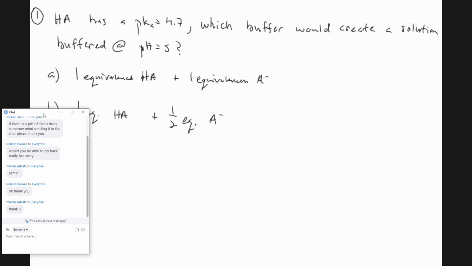C: 1 equivalence of acid to a third equivalence of strong base. And D: 1 equivalence of conjugate base and a third equivalence of strong acid. So, which one will give us a pH buffered at 5?